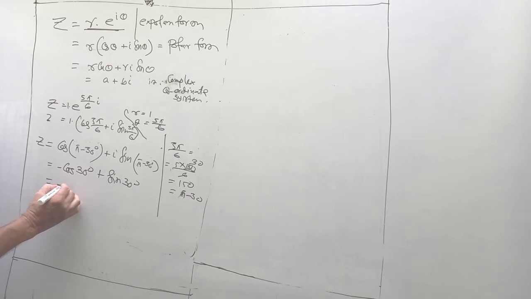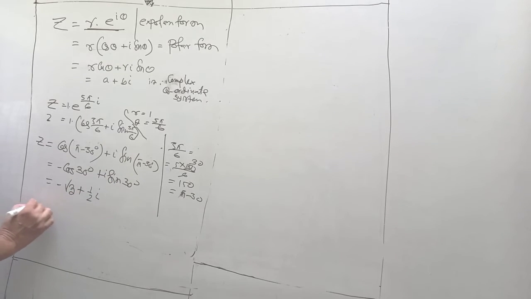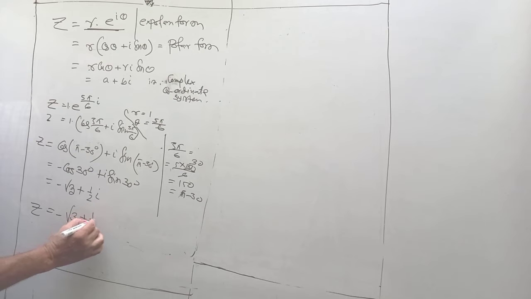That means minus root 3 by 2 plus half into i. That means z equal to minus root 3 by 2 plus half into i.